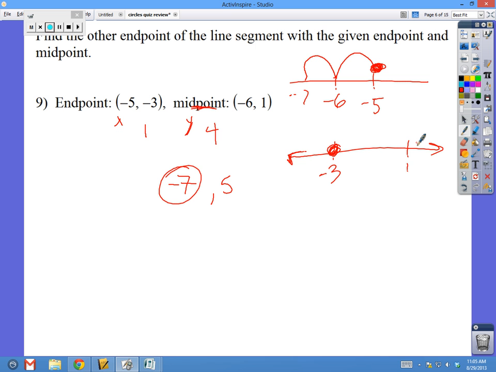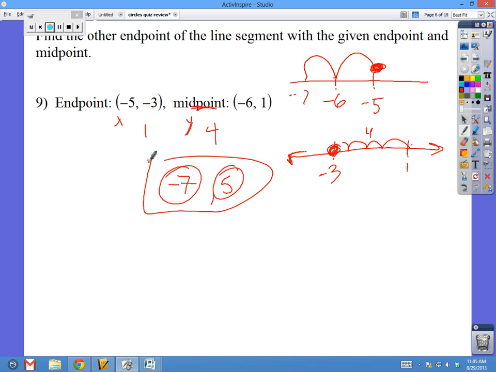You traveled 4 times, right? -2, -1, 0, 1. You traveled 4 times, but that's only halfway. So how much further do you have to travel? You got to go 4 more. What is 4 more from 1? 5. So your answer's got to be -7.5.